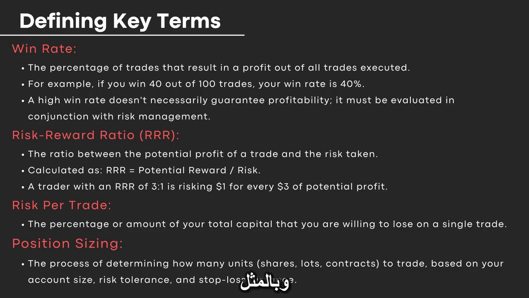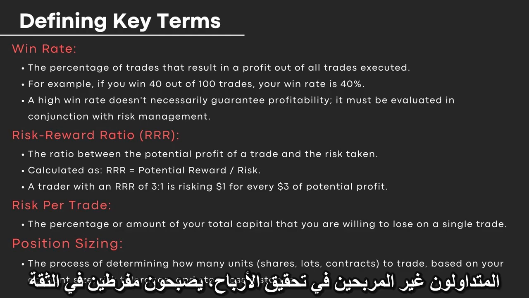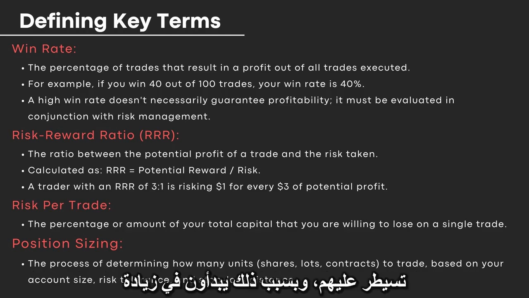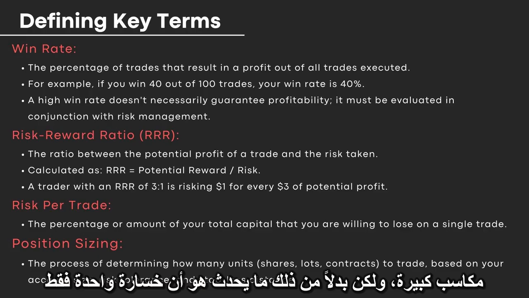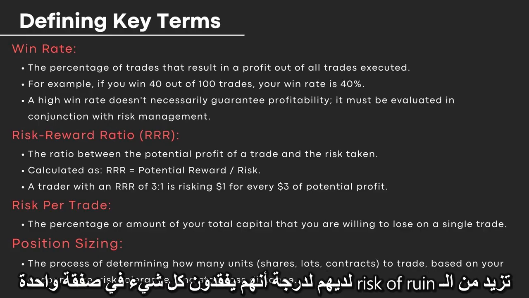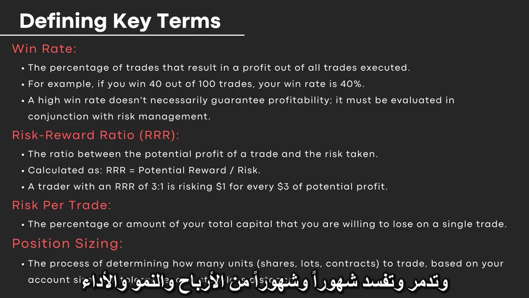Similarly, when those unprofitable traders go into profits, they become overconfident and euphoria gets a hold of them, and due to that they start increasing their risk in the hopes and dreams of making it big. But instead, a single loss increases their risk of ruin so much that they lose everything on a single trade, and it ruins months and months of profits, growth and performance.